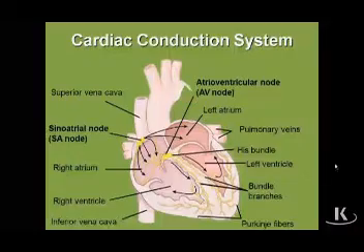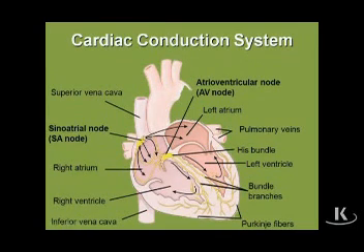So in the heart, there are a group of specialized cardiac muscle cells. They are found in the structure known as the sinoatrial node, which is found in the wall of the right atrium, right next to where the superior vena cava enters the right atrium. These cells of the sinoatrial node are specialized cardiac muscle cells.